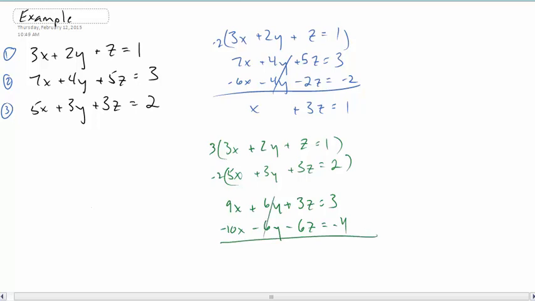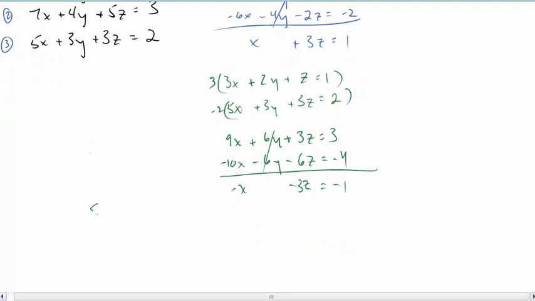The y's go away. I have -x minus 3z equals -1. So now I have the system, x plus 3z equals 1, -x minus 3z equals -1. And when we add these together, we get 0 equals 0, which tells us infinite solutions.